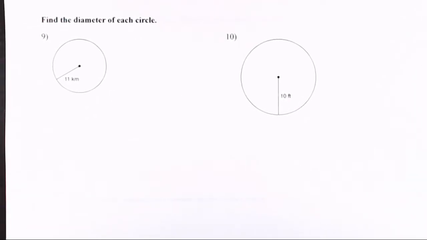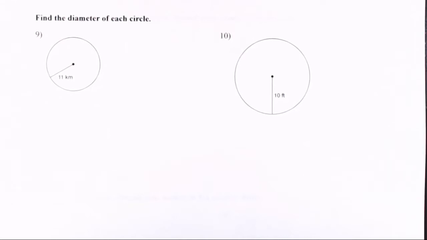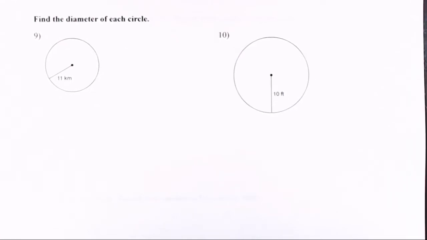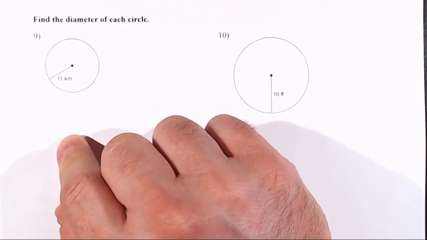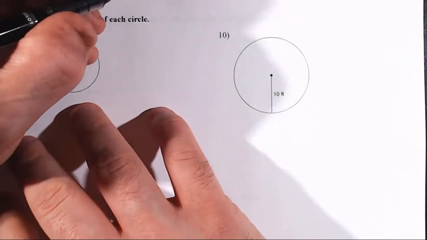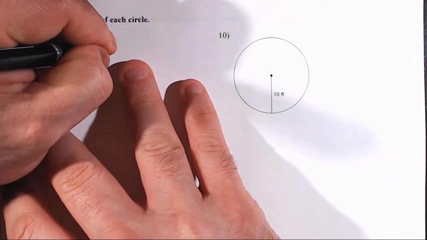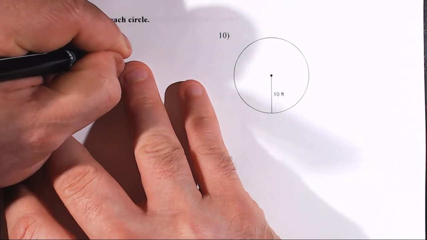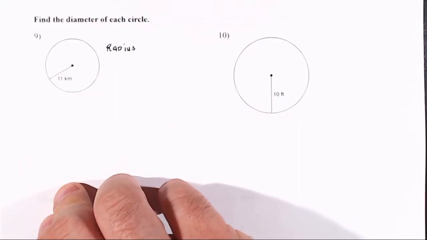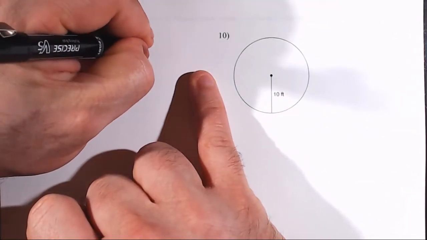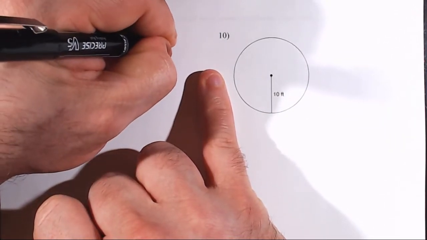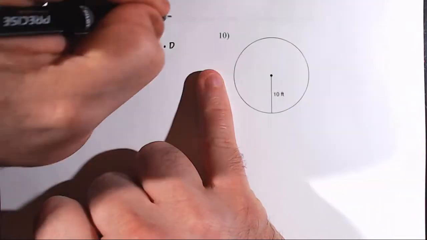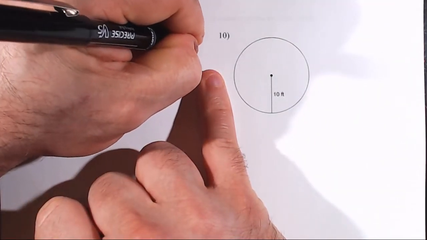The first problem asks us to find the diameter of the circle. So we are given half the diameter, we're given the radius, and the radius of a circle is equal to 1/2 of the diameter.